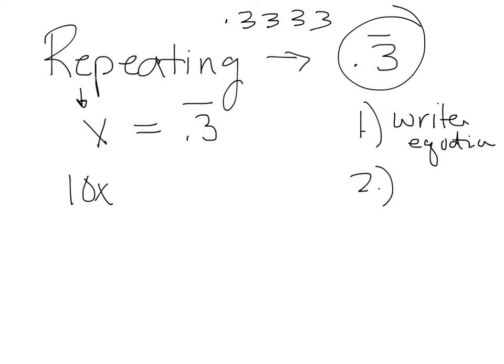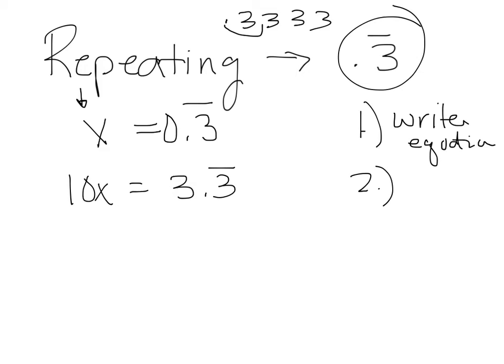When I take 0.333 times 10, what happens? Well, I get 3.33 repeating. Now, if you'll notice, this is the decimal 0.3 repeating. This is 3.3 repeating. Is what's to the right of our decimal exactly the same in both of those?